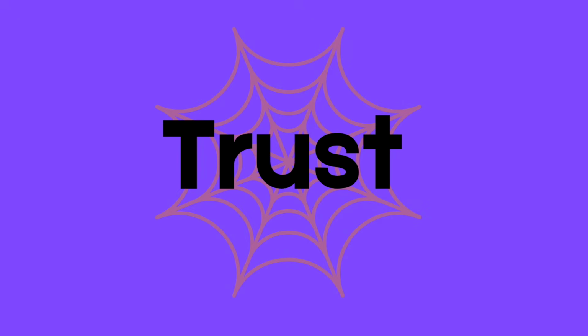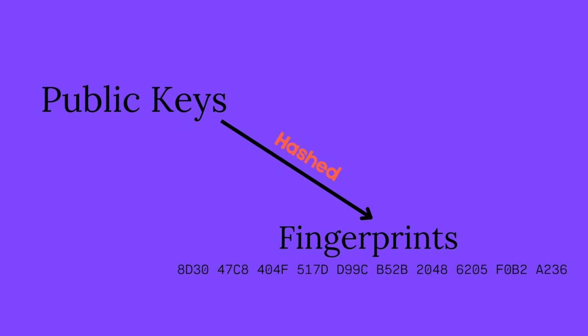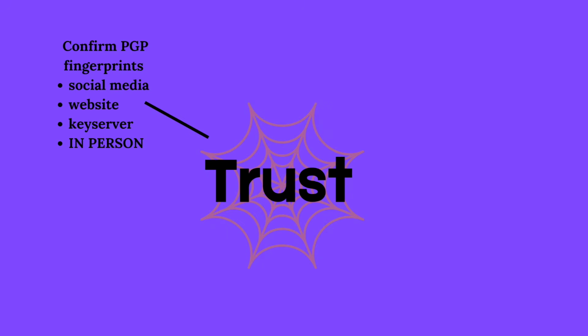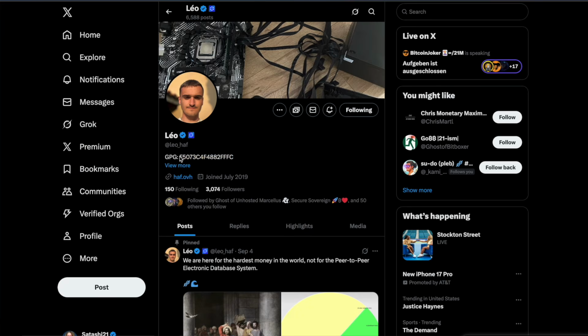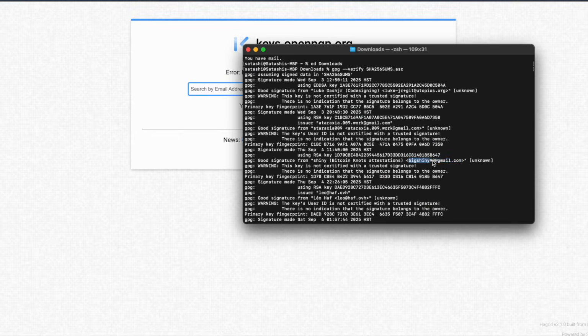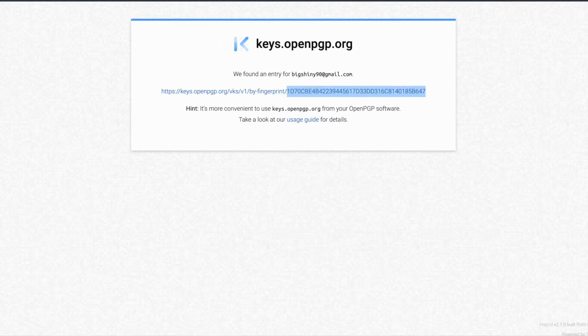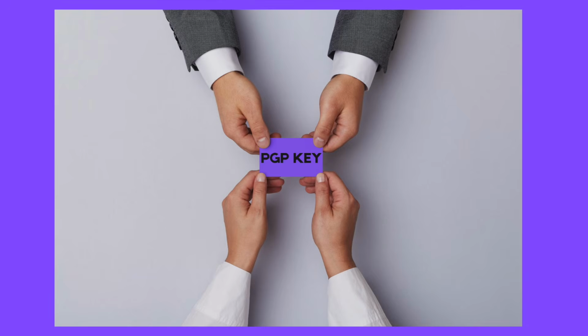To remove this warning, you need to build what is called a web of trust. So first, you would take the fingerprint of the developer's public key, which is a hash of their public key, and verify it against another trusted source. This could be their website, a verified social media account, a key server, or the best way possible would be actually in person.